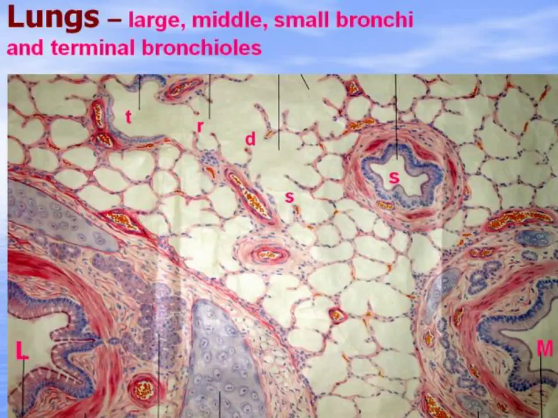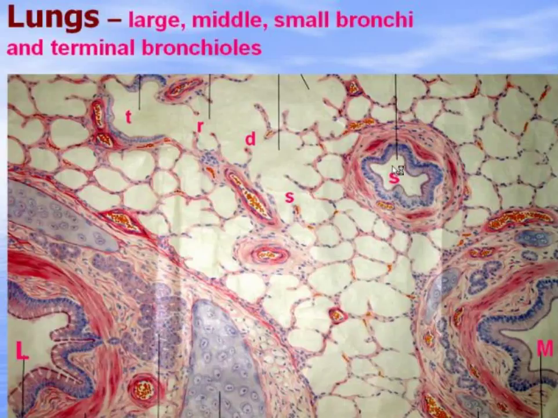In large bronchi, the fibrocartilage layer consists of large islets or islands of hyaline cartilage. Previously, in principal main bronchi, there were full rings of cartilage. In middle bronchi, only small islets of cartilage in the middle membrane, and few glands in submucosa.